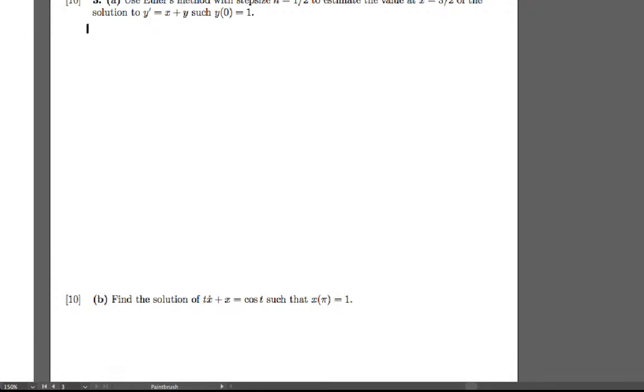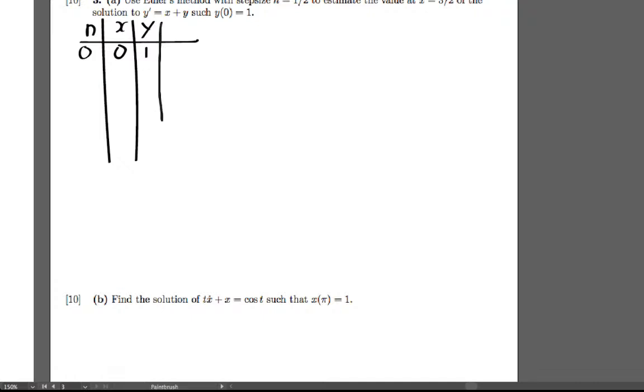You have n here, you have x right over there. It starts from 0. X here is 0. The y0 would be 1, as told by the question.